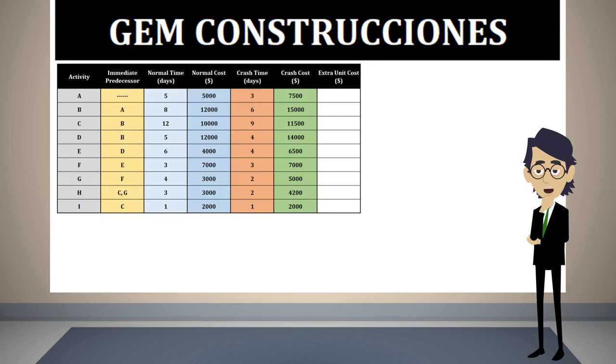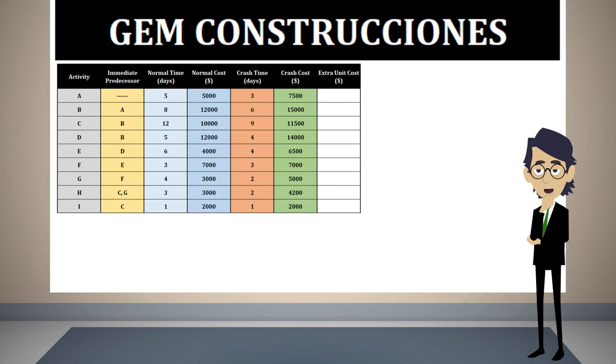Now suppose that we have made an investigation to find out which activities can be done faster. This will usually cost more. For instance, activity A can usually be done in 5 days, but working overtime and leasing a more efficient equipment, it could be done in 3 days. But this implies that the normal cost of $5,000 will increase to $7,500.